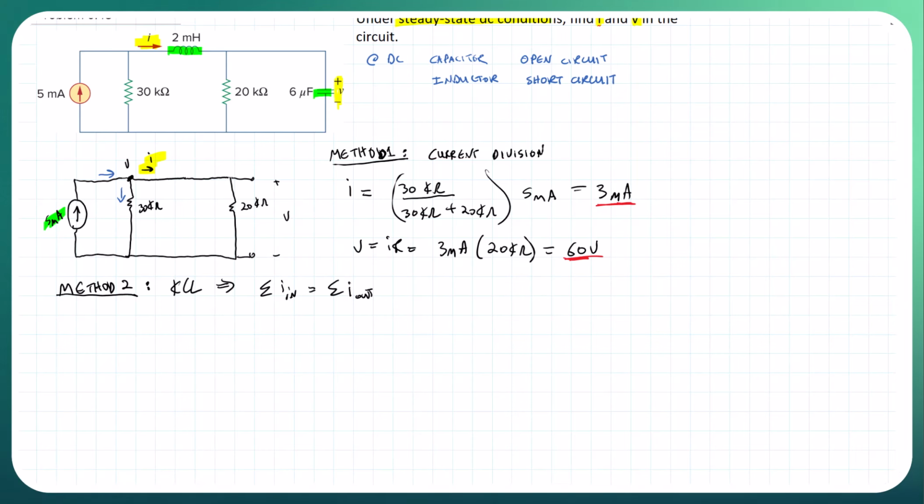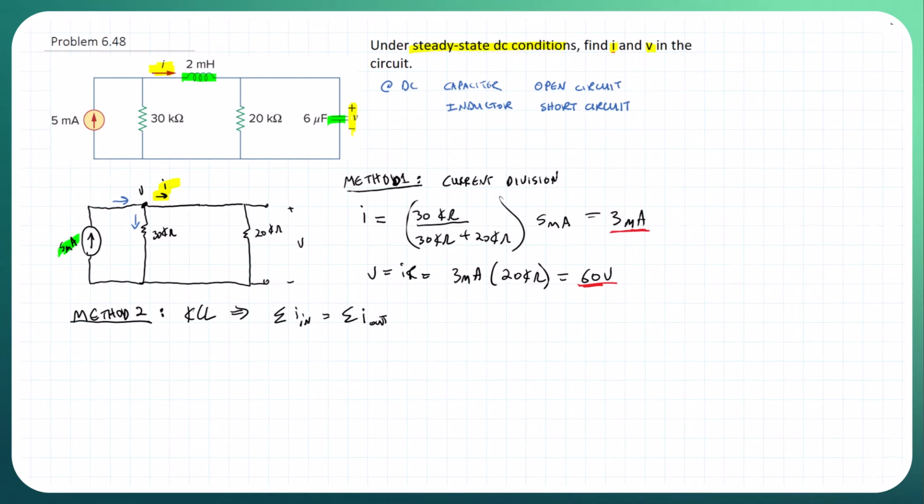Alright, so let's just write that down. So the current going in is this 5 milliamps. So I'm going to go ahead and write this on the side here. 5 milliamps is equal to I, this yellow one, but we can write that as V minus, and then the key here is we gotta treat this as our ground here. Okay, we can call this our ground, or V naught, which is 0.